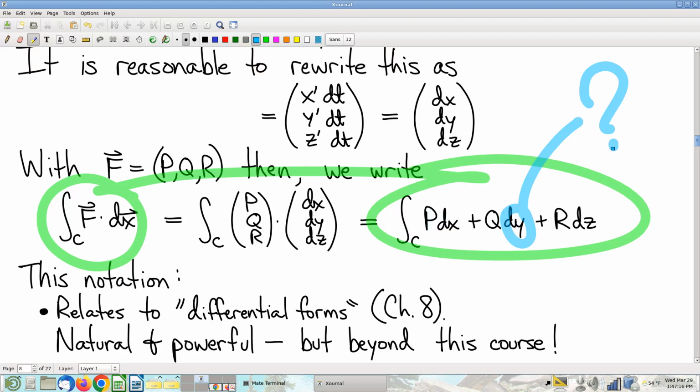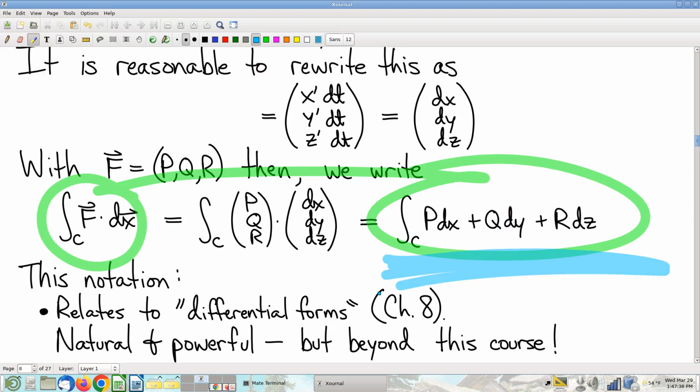Well, that suggests that as I move along the curve, which is my domain for this line integral, dy says how much just the y-coordinate changed on that little piece of curve. Well, that's weird. Looking at what's on the right-hand side, trying to make sense out of this, it's less immediately clear what these things are and why I would care about them. So I think it's less clearly natural than the notation we've already got.